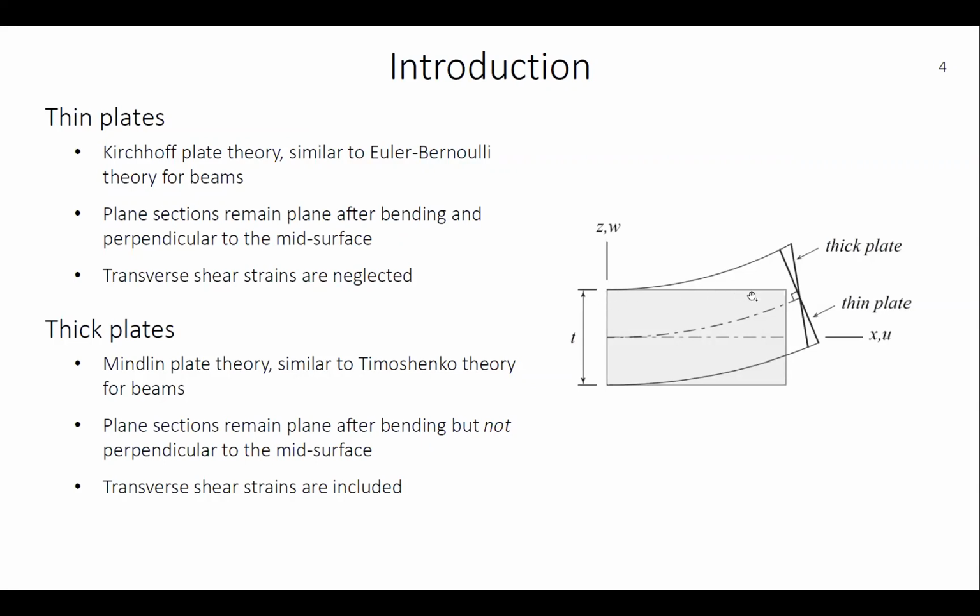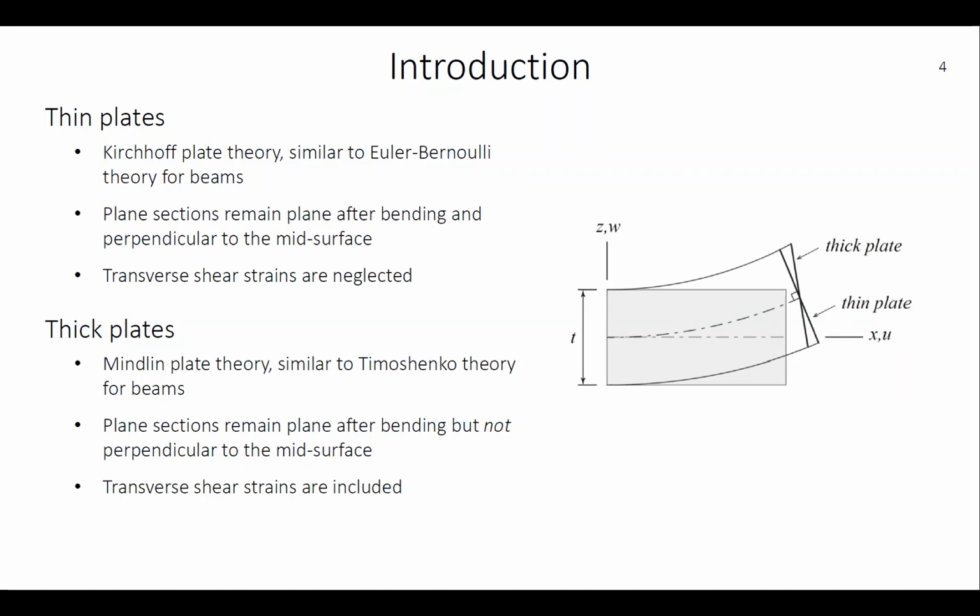So if we consider a section of a beam like this with a thickness t, in the z direction we have the vertical displacement w, and in the x direction we have the displacement u. So if I have a thin plate, plane sections remain plane after bending and perpendicular to the mid surface. So the dash-dotted line is the mid surface, and the deformed plane is perpendicular to that. And this means that transverse shear strains are neglected. So this is the typical Euler-Bernoulli beam theory approach.